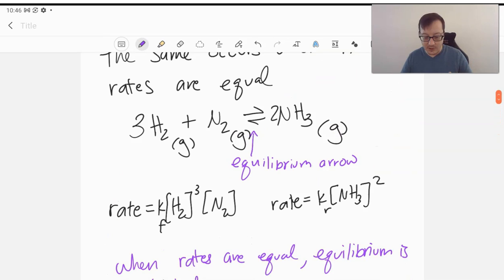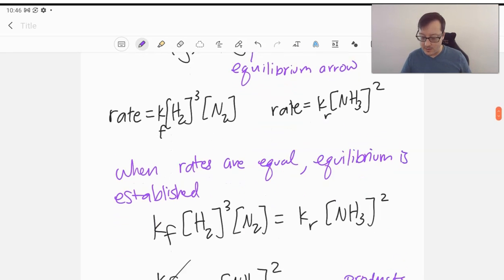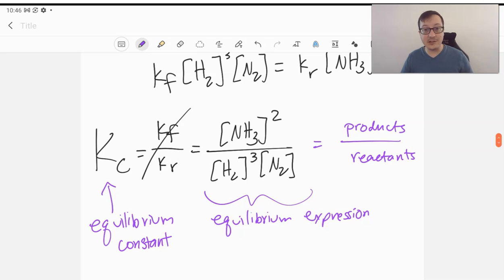We saw that for this equation, we had 3H2 and N2 turns into 2 NH3s. And notice on the top we have NH3 squared, the products of this reaction. And on the bottom, we have the reactants. We have the hydrogen raised to the third power because it had a coefficient of 3, and then we have the nitrogen there.